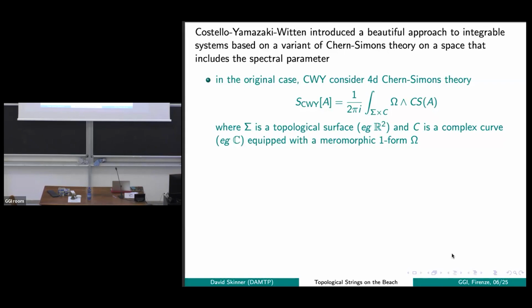But as well as the normal Chern-Simons 3-form, in order to write an action on this 4-dimensional space, they needed to introduce by hand some sort of meromorphic one-form. So this is something that on the complex plane, in the simplest case, would look just like, say, dz in the obvious way of the coordinate. So you would wedge your Chern-Simons 3-form against dz. And wedging it against dz means that the Chern-Simons 3-form only knows about the z bar direction, so it's going to be holomorphic in the z complex plane, but still topological in the remaining two directions, the sigma direction.